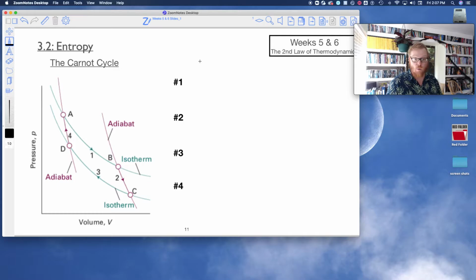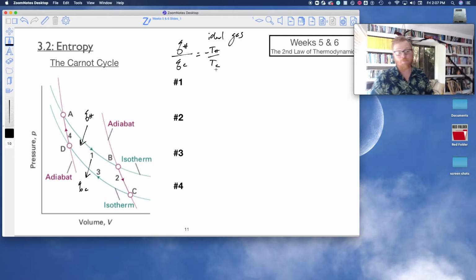Well, as it turns out, what I want to prove to you is that QH divided by QC, the ratio of the heat that goes in to the heat that goes out, can be shown for an ideal gas to equal negative TH divided by TC.